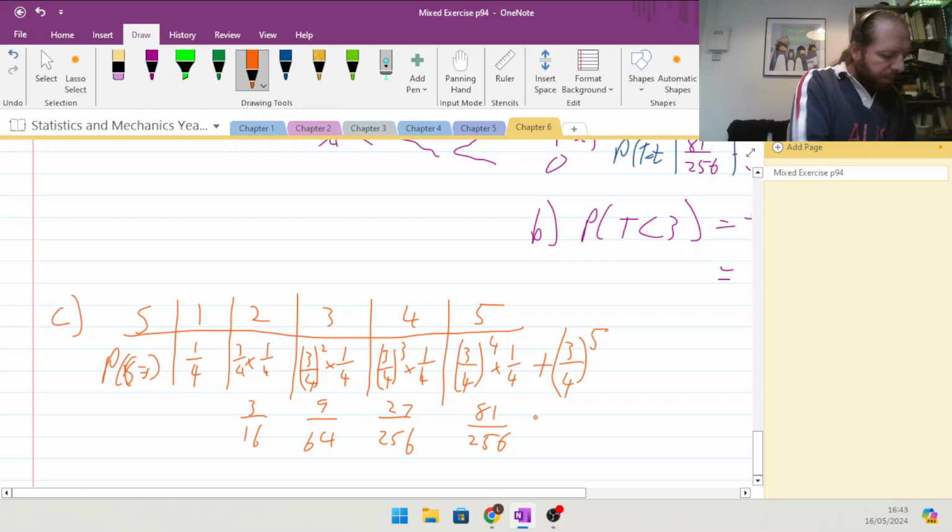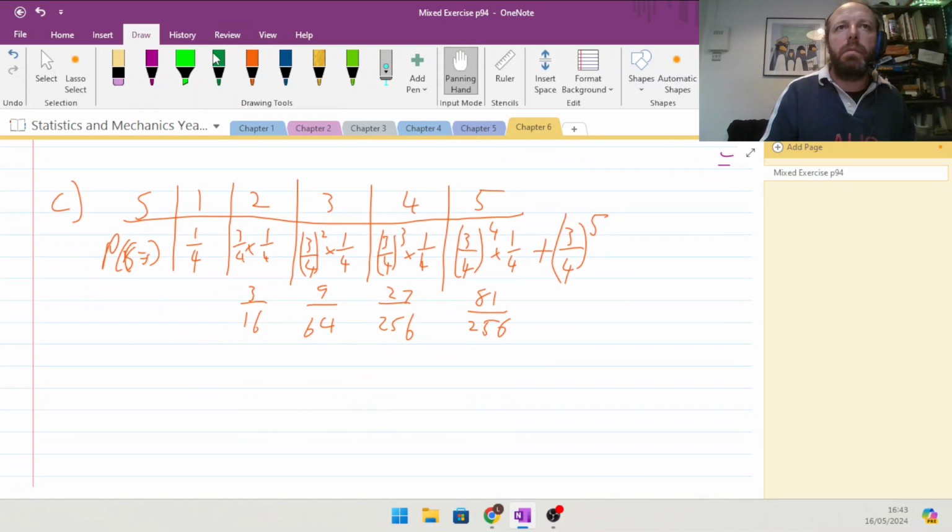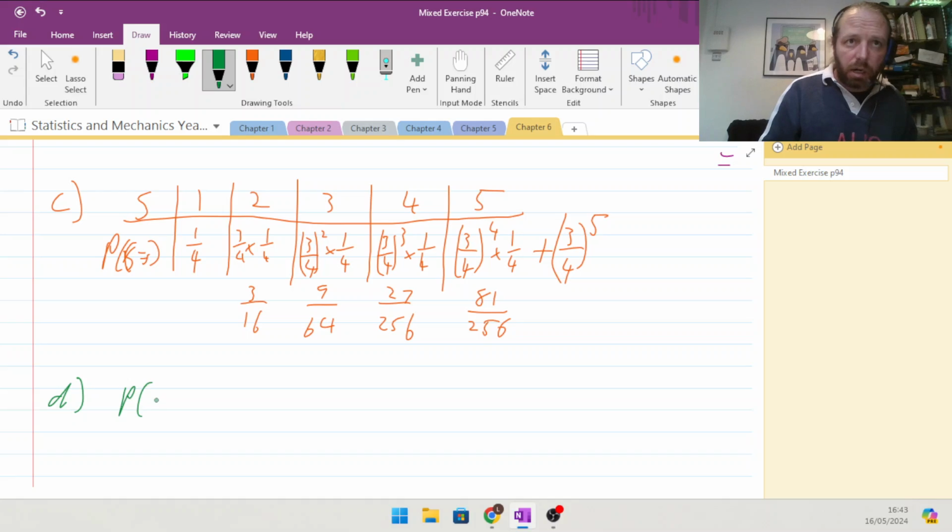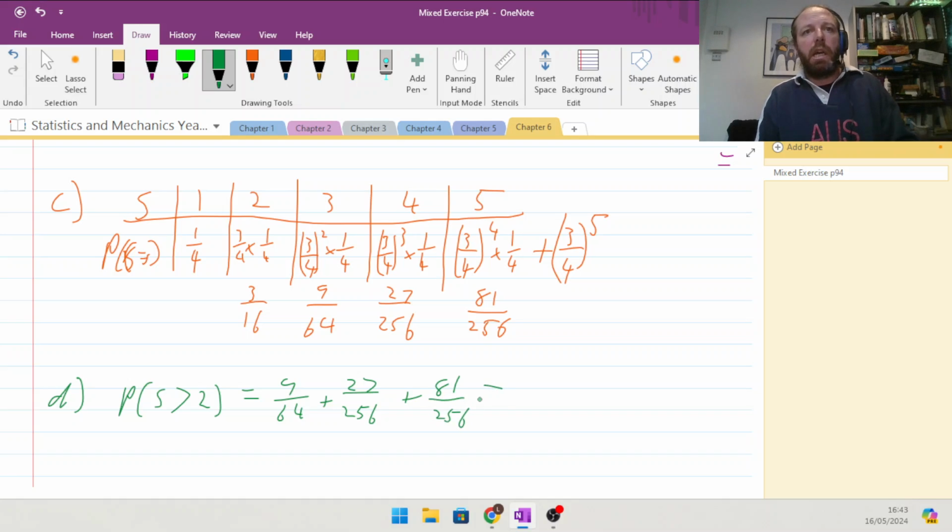And then finally, part D for this question. Find the probability of S being greater than 2. That's going to be the probability of 3, 4, and 5. So that's 9 over 64 plus 27 over 256 plus 81 over 256.